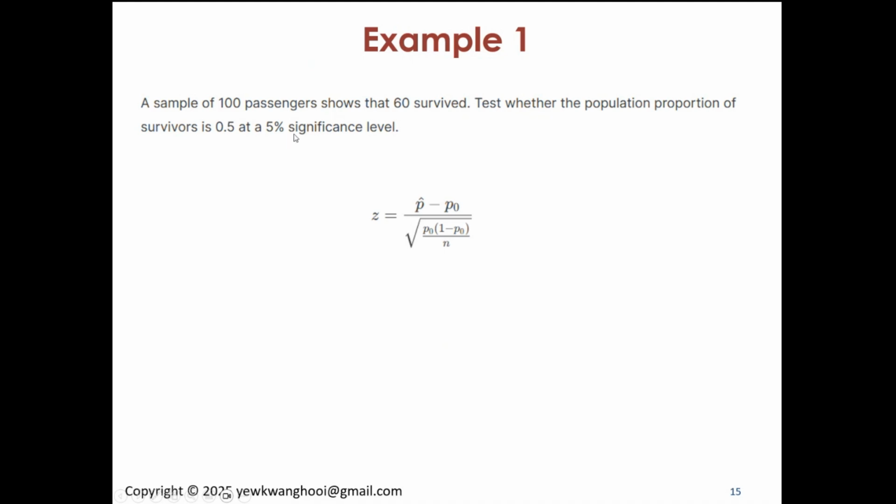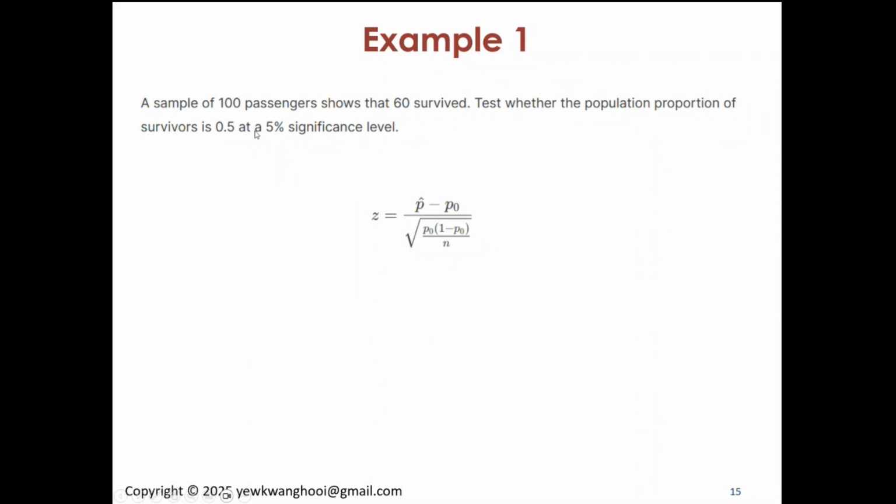Alpha value is 5%. And then what do we do first? We come up with a hypothesis. Since this is one population, we'll be comparing this population with the standard population, the normal population.